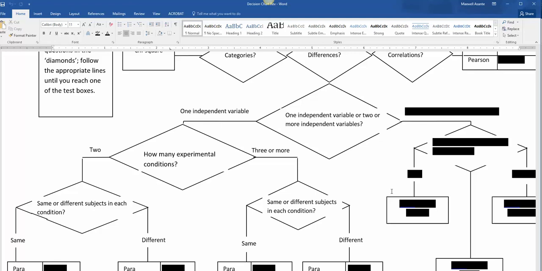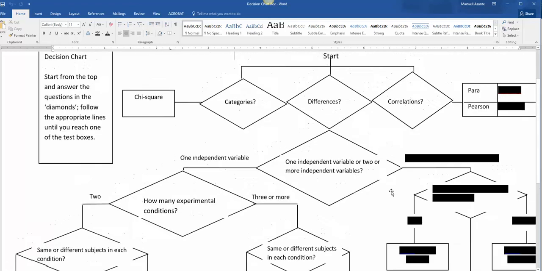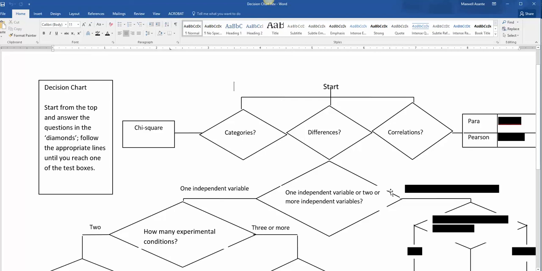To summarize, we are looking at three possibilities in terms of how we analyze data. If we are interested in looking at the categories in which our data fall, then we have to consider a chi-square. If we are looking at the correlation, the relationships between variables, say variable A and variable B, then you have to consider correlations.